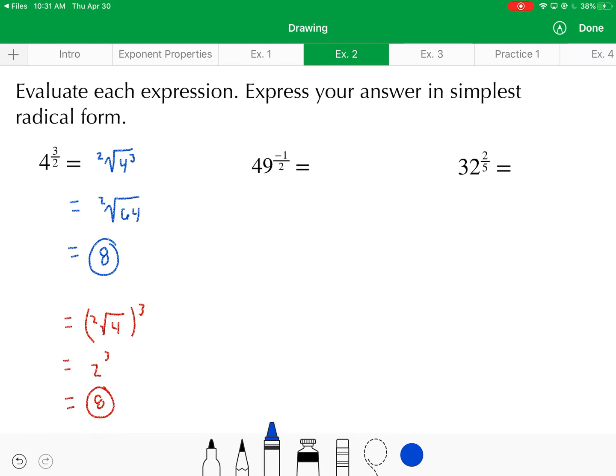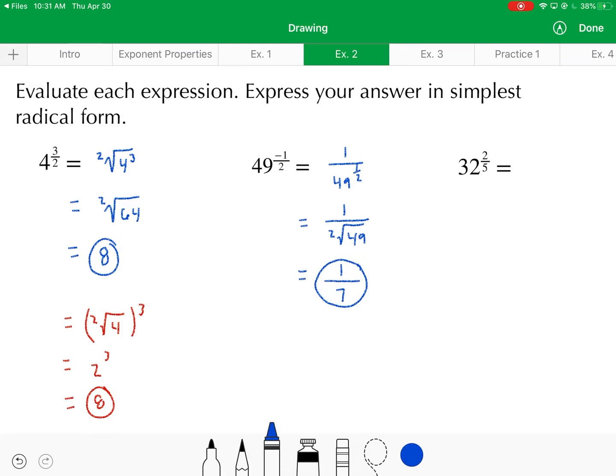Instead, that just means I should rewrite this as 1 over 49 to the positive 1/2 power. Then I'll go to radical form. 49 to the 1/2 power would just be the same as the square root of 49 to the 1st. And of course, we know that the square root of 49 is 7. So notice this final answer. It's not negative. It's just a number smaller than 1.